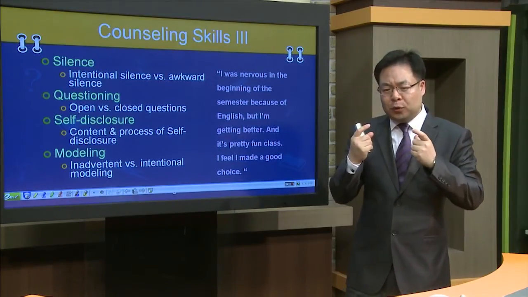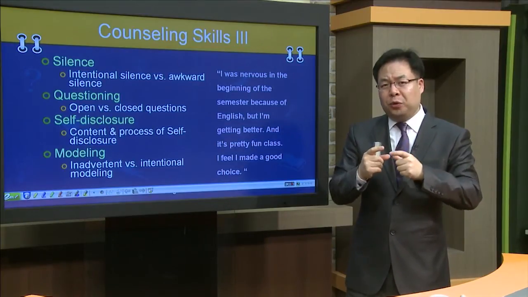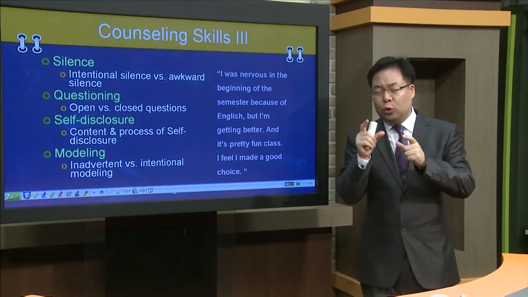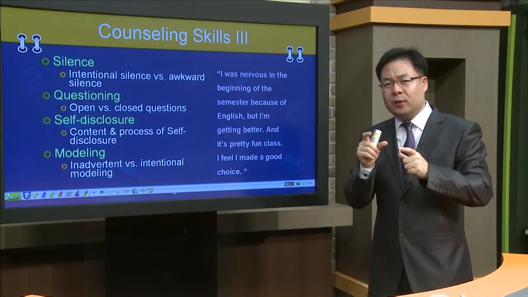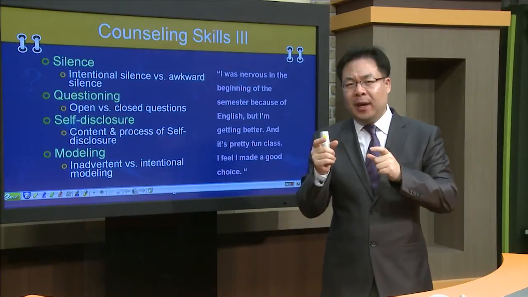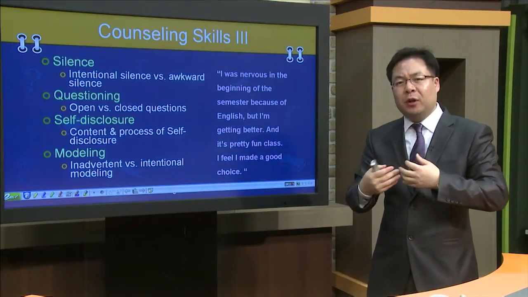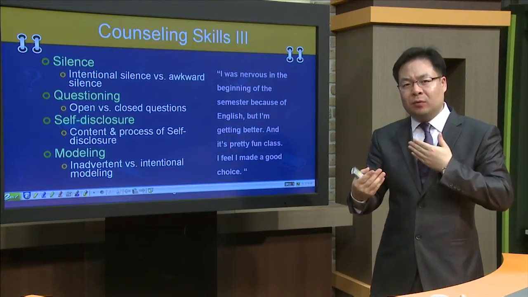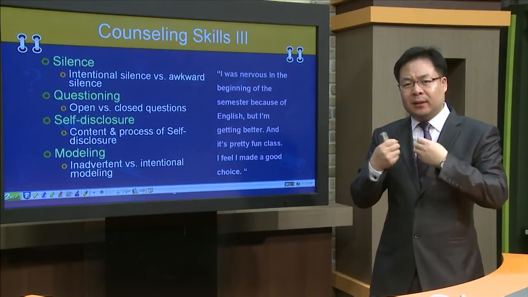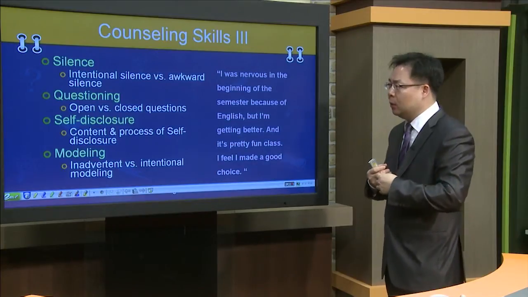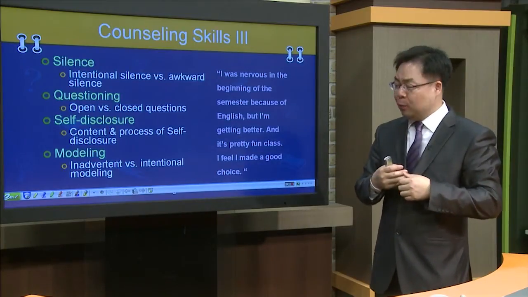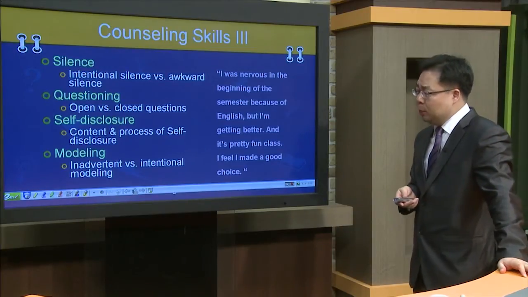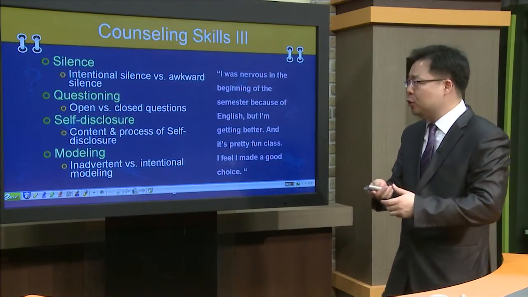The counselors interpret the awkward silence in that way, but during that moment, even that awkward silence, the client tended to think about their own issue. They're still using that silence time for reflecting on their own feelings and thoughts. So we don't have to worry too much about it. So silence is one of the skills that we want to use intentionally.